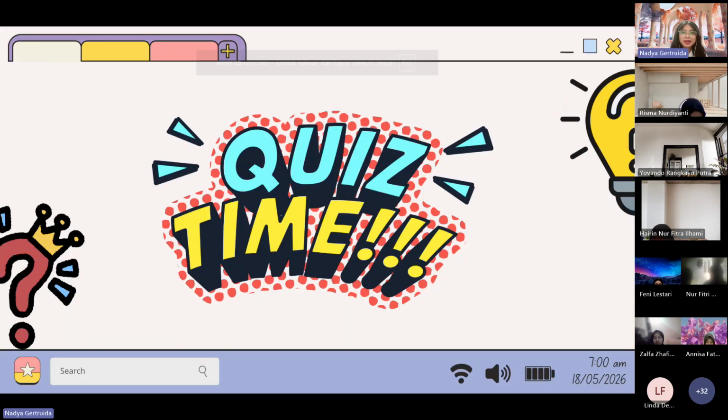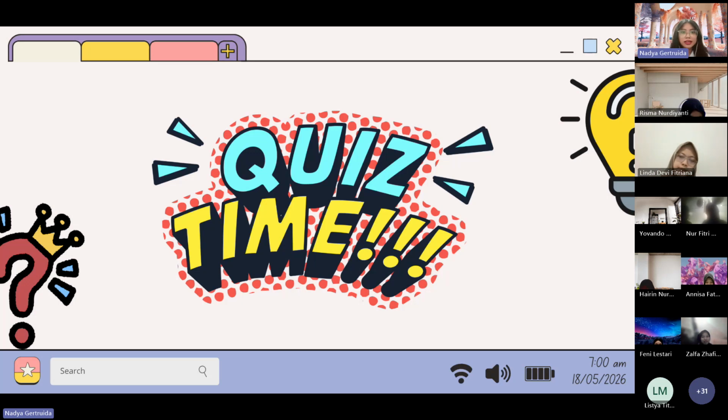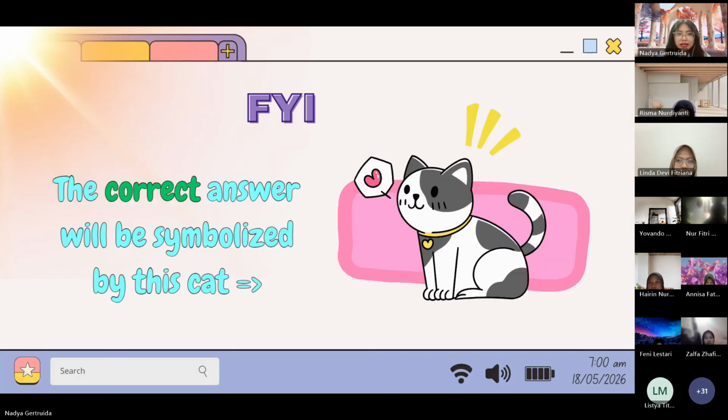It's quiz time, and I will explain first. For the quiz, there are multiple choice and also an essay questions, so you must answer them first. For your info, the correct answer will be symbolized by this cat.